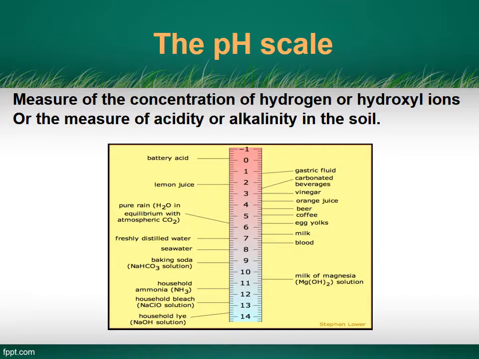Gastric fluid, lemon juice, they're all very acidic, very low pH. Other things at the other end with a very high pH would be household bleach, household lye, ammonia, milk of magnesia. So obviously if the scale goes from 0 to 14, 7 is right in the center of that. So something with a pH of 7 is not considered acidic or alkaline, it's considered neutral, right in the middle. So 100% perfectly freshly distilled water is neutral with a pH of 7.